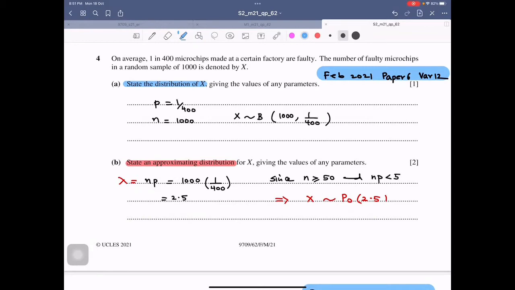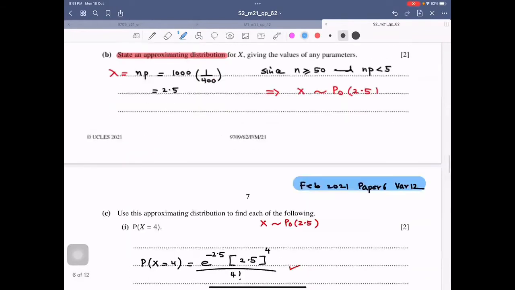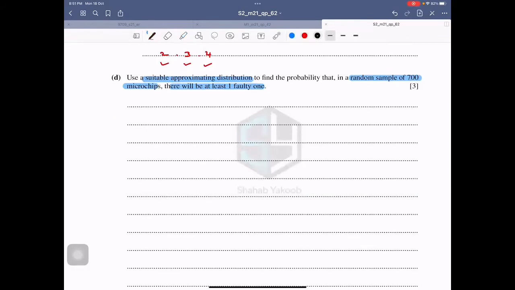Now, lambda was initially for 1000. So basic ratio should be used. We can say ratio and proportion. This is number and this is faulty. So out of 400, 1 is faulty. Out of 700, how many will be faulty? Let it be x.